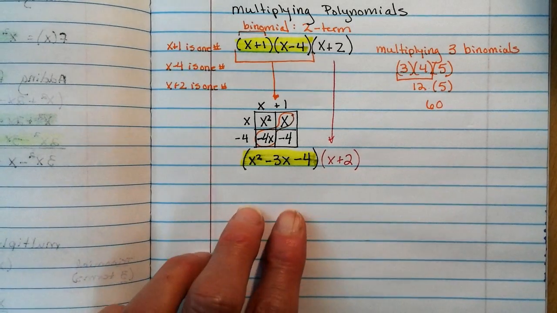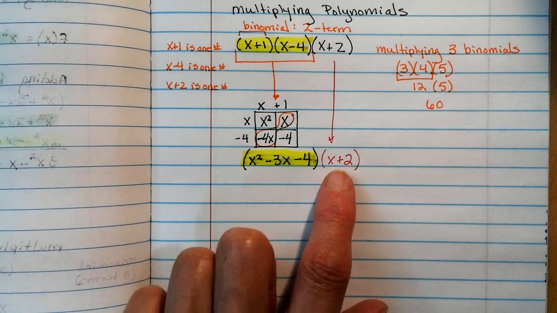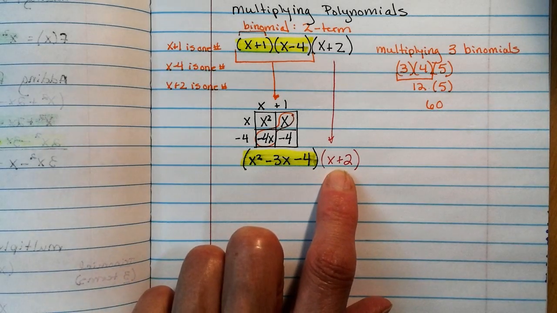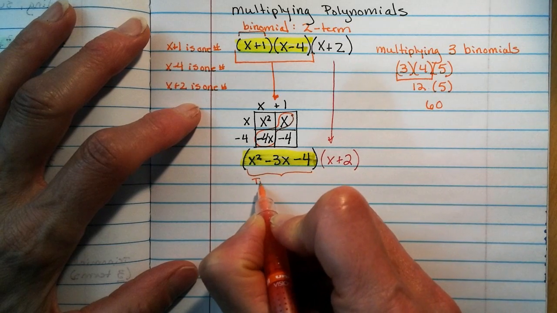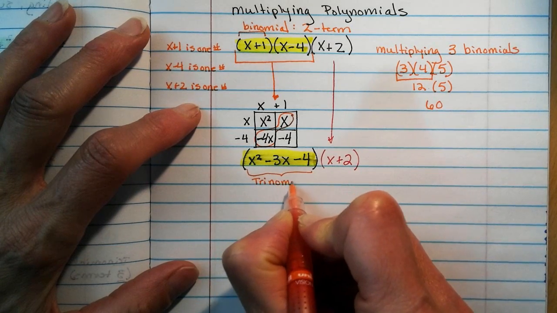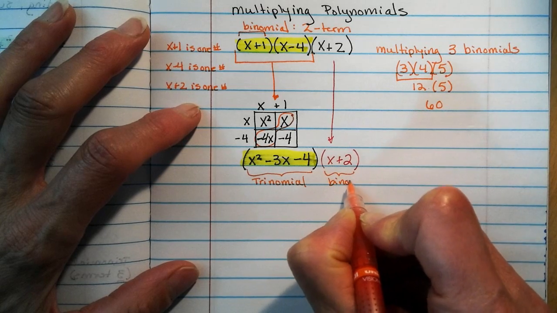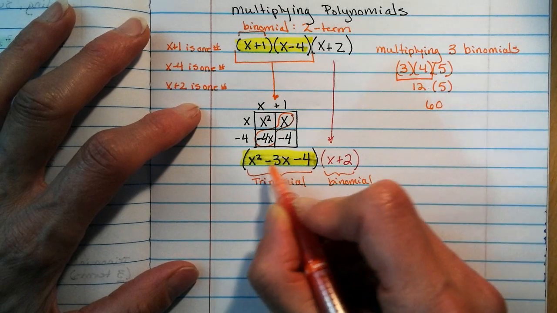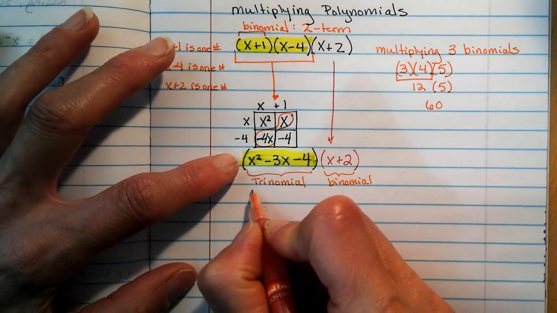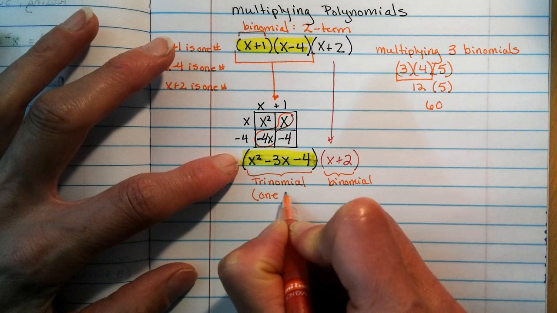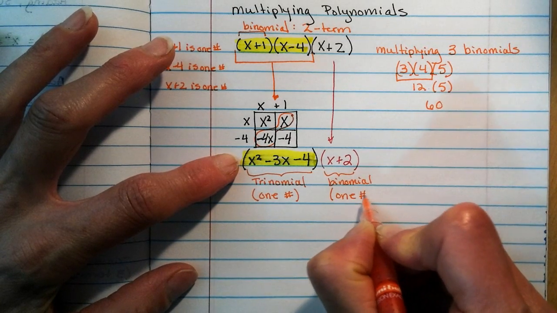So now I'm going to multiply. This is one number, it's a trinomial, and this is another number, which is a binomial. So let's just write that down. So this is a trinomial, and this is a binomial, but they're both each just one number.